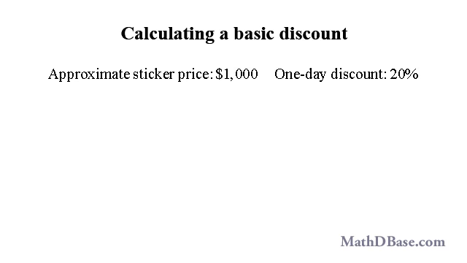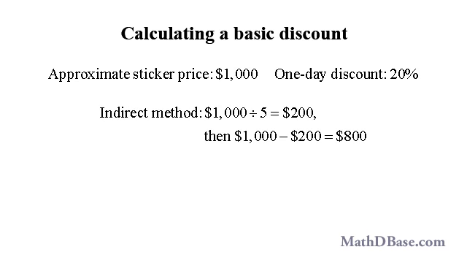Estimate the pre-tax price. Since $1,022 is approximately $1,000, for the sake of an estimate of the price after discount, it is close enough. The straightforward method, indirectly, would be to multiply $1,000 by 20% to get $200, or divide $1,000 by 5, then subtract $200 from the sticker price for a sale price estimate of $800.